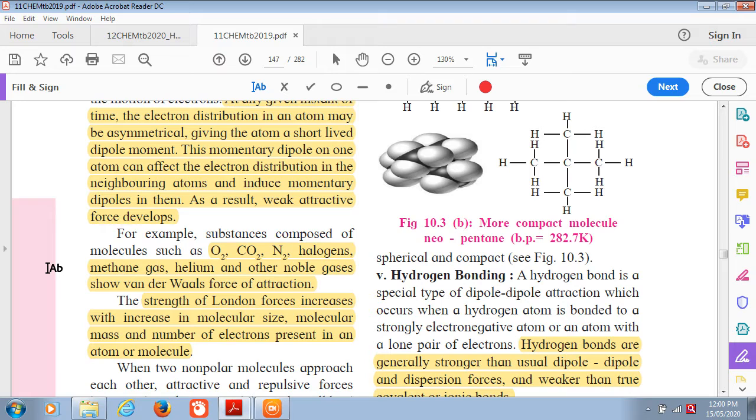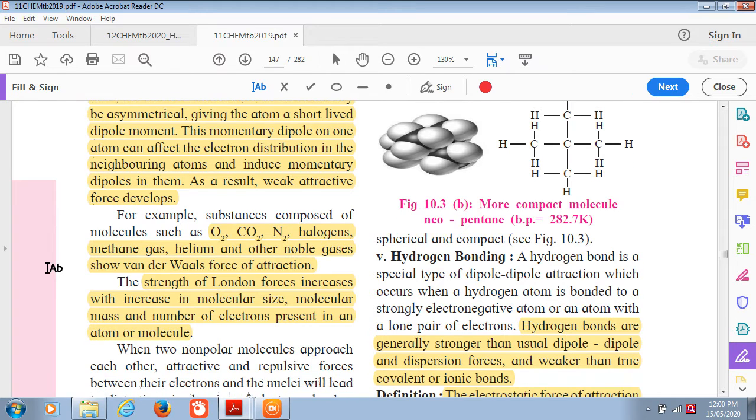One important thing is that the strength of the covalent bond as well as the bond in case of noble gases.